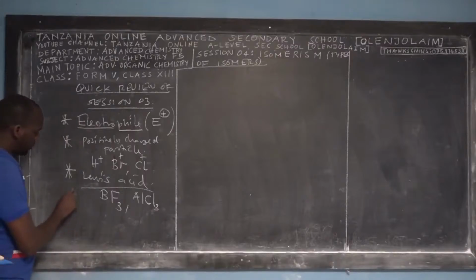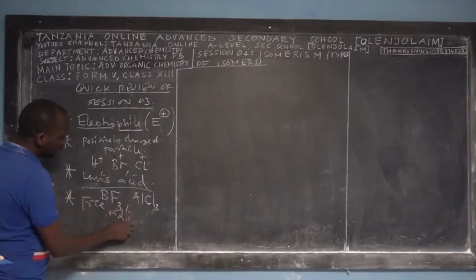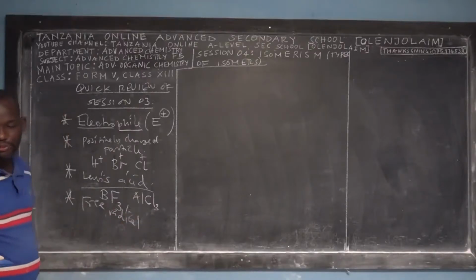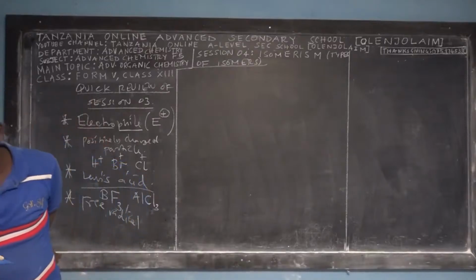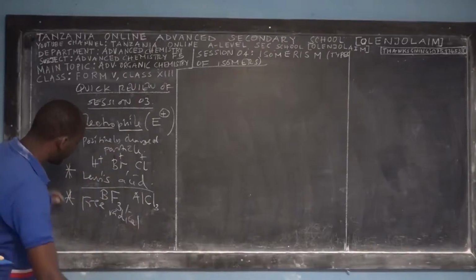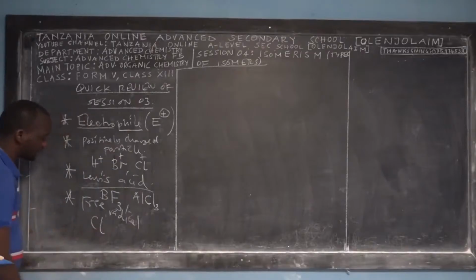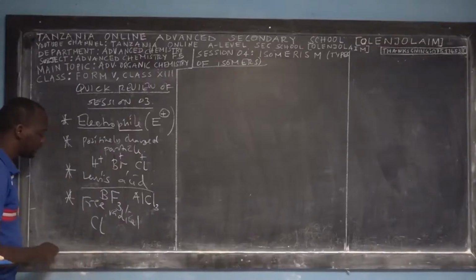Then we talked about free radicals. We defined a free radical as an atom or group of atoms that contains one unpaired electron. For instance, a chlorine atom contains one unpaired electron in a p orbital. To show the notation of a free radical, we introduce a dot.